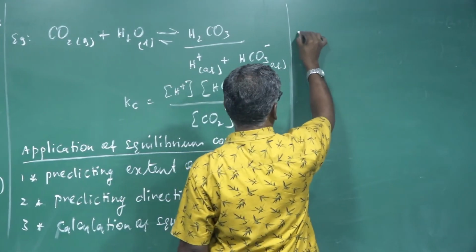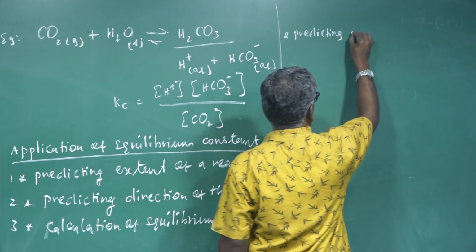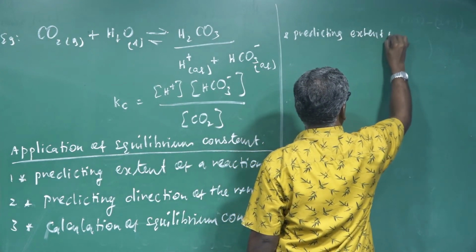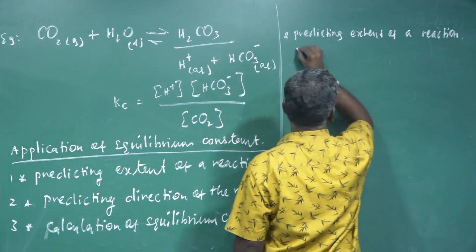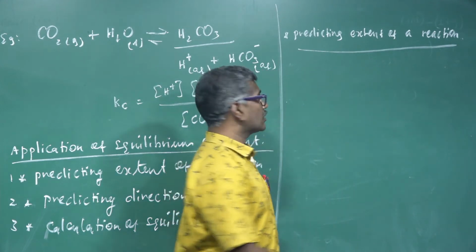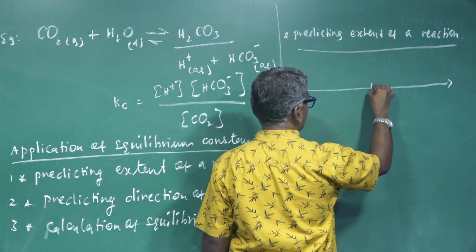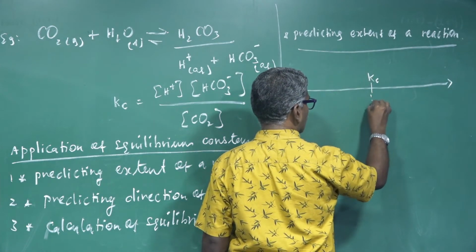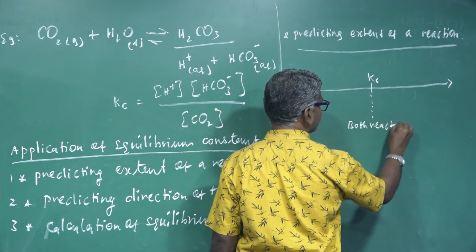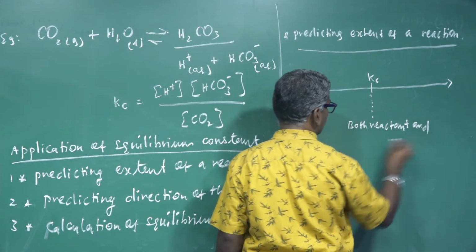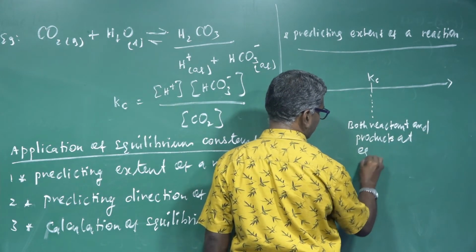Point number 1, predicting the extent of a reaction. Here, this is Kc. Both reactants and products at equilibrium.